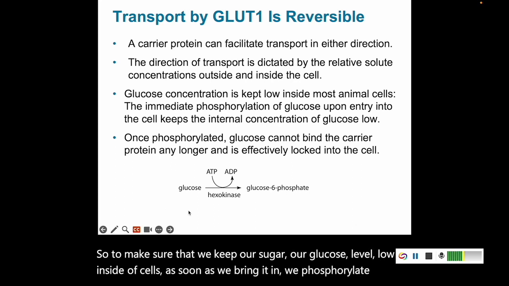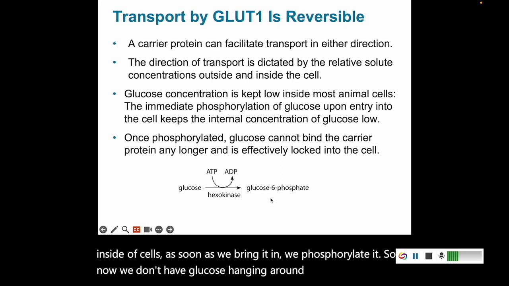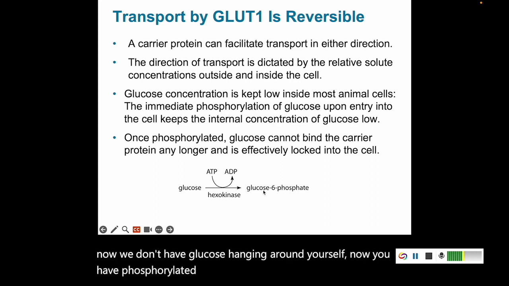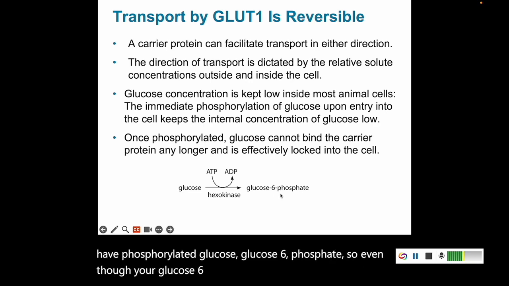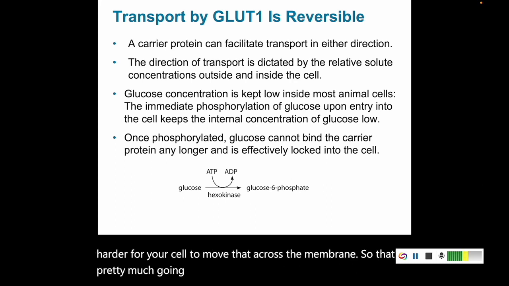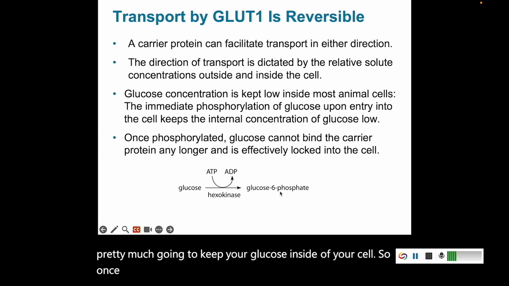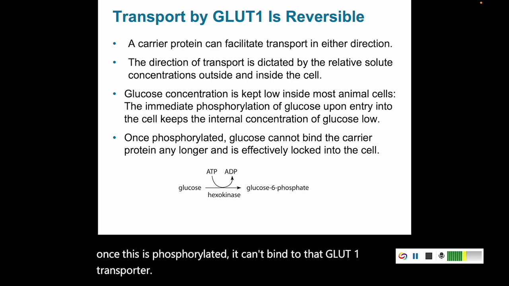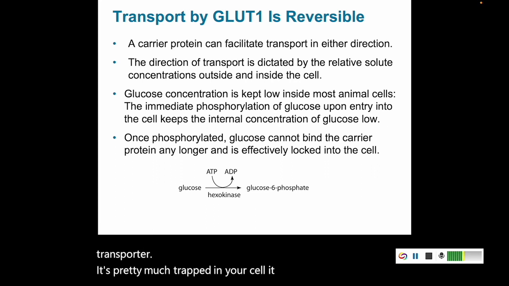So now we don't have glucose hanging around in your cell. Now you have phosphorylated glucose, glucose 6-phosphate. So even though your glucose 6-phosphate concentration is now rising, it's harder for your cell to move that across the membrane. So that's pretty much going to keep your glucose inside of your cell. Once this is phosphorylated, it can't bind to that GLUT1 transporter. It's pretty much trapped in your cell. It doesn't have a way to get out.